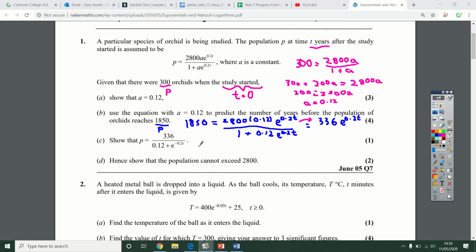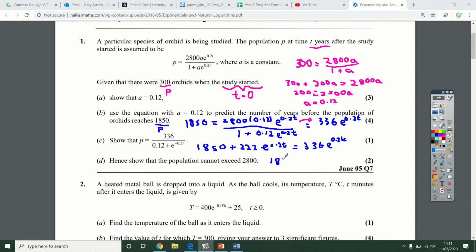So I'm going to do 1850 plus, and then this times 1850 is 222. Then these two are like terms. I can subtract those and then hopefully get myself towards the value of t.